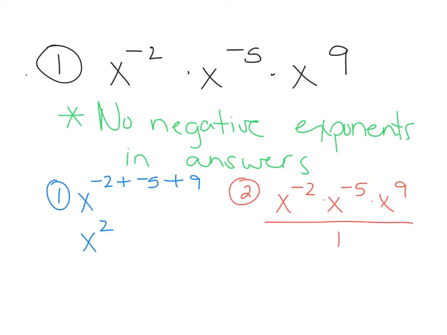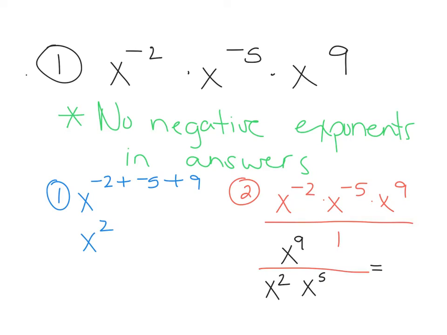The x to the negative second would go on the bottom because it has a negative exponent, which means it's a reciprocal. So I would make it x squared on the bottom. X to the negative 5, negative exponent, I flip it, it goes to the bottom. X to the ninth is on top and it has a positive exponent, so I'm just going to leave it where it is.